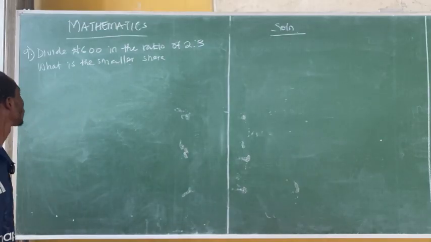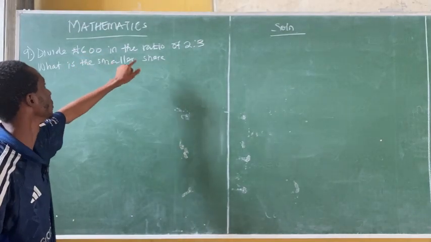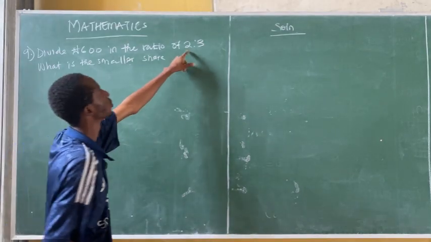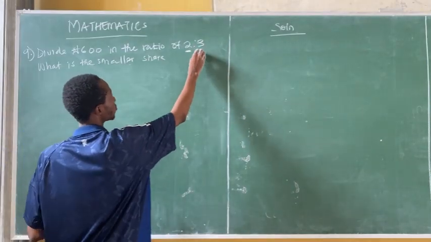Now, if you look at this question, it says divide 600 naira in the ratio of 2:3. What is the smaller share? You know, from this ratio, 2:3, the small share is what? 2, while the large share is what? 3.